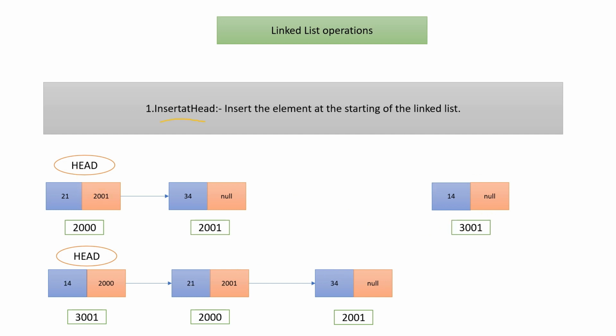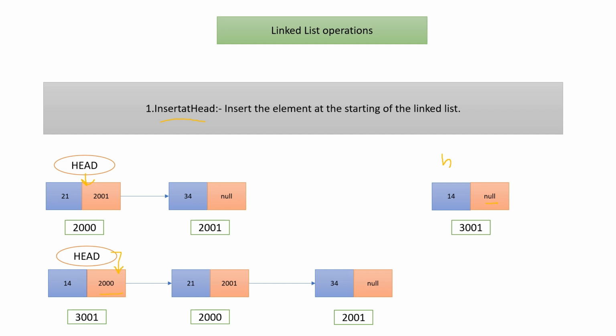For insert at head, we know that our first node is our head. Let's say we created a new node and we want to place it at the head. So what we do is set our new node's next address to 200, and we say that our head is our new node.